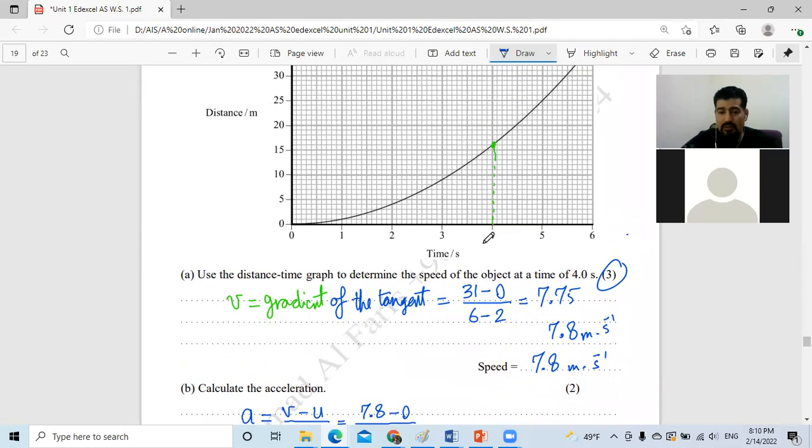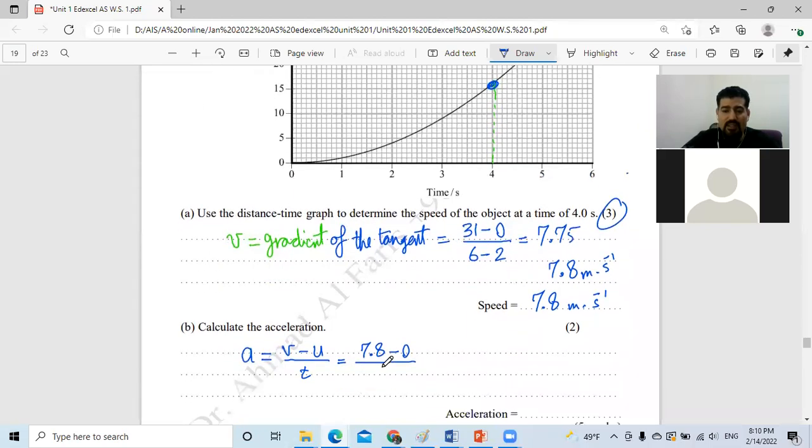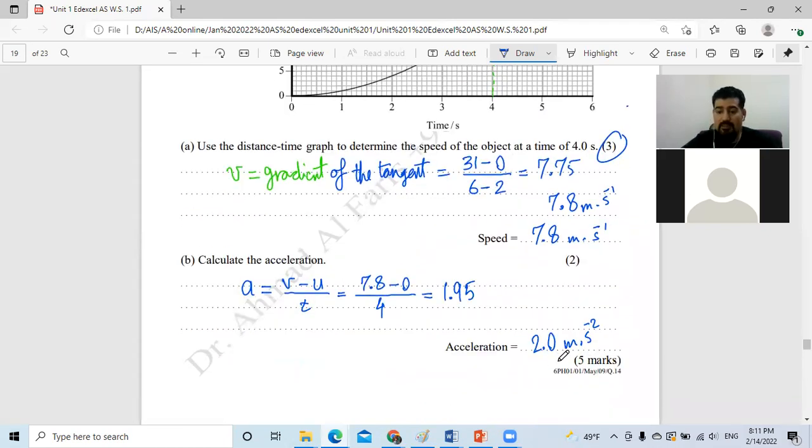Not 6, no. I found the speed at this point after 4 seconds. So divided by 4, and the answer will be 7.8 divided by 4, which is 1.92. That means 2.0 meters per second square, two significant figures, and that's the accepted answer in that year.